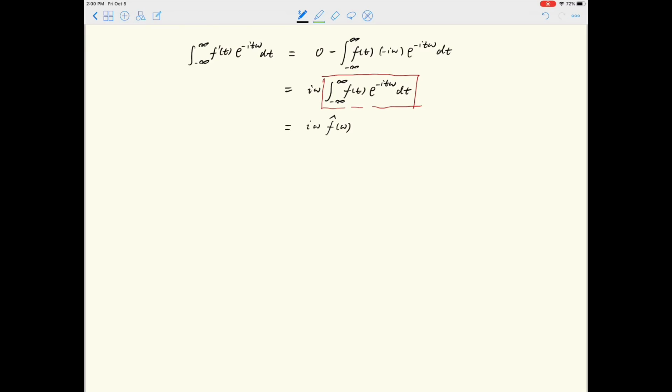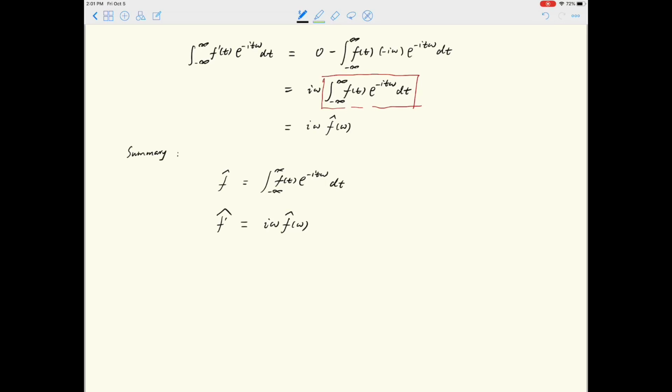Now we can write this result as follows. If f hat is the Fourier transform of f, then the Fourier transform of f prime equals i omega f hat.